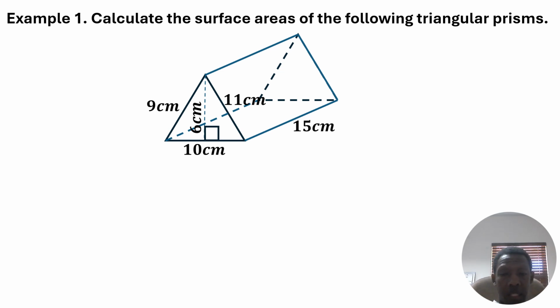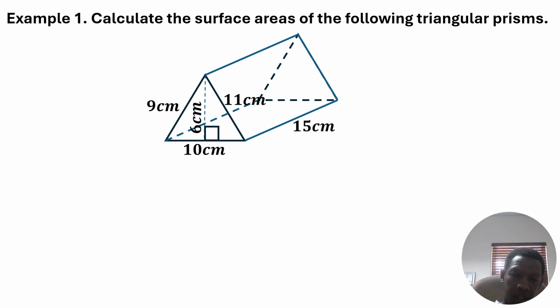As you can see here, we are given this dimension of 10 centimeters. It is the dimension for the base of a triangle, which is side 1 of our triangle. And then we also have side 2 given as 11 centimeters.